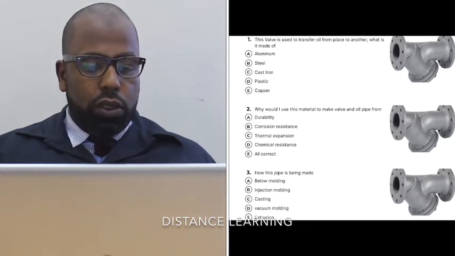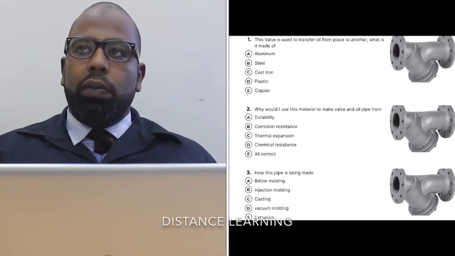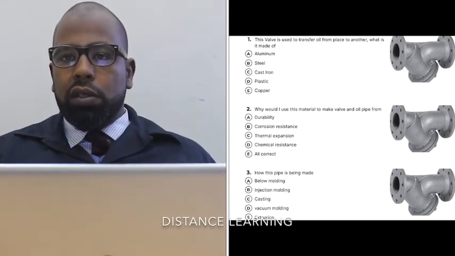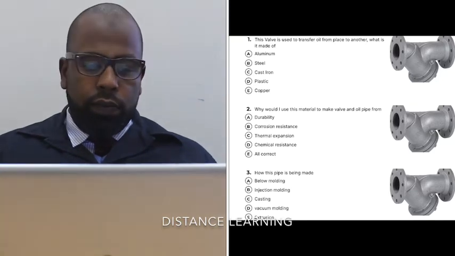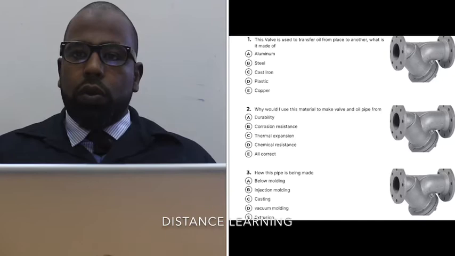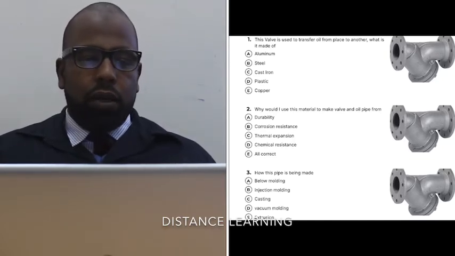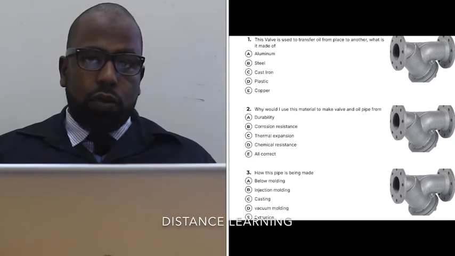The first question stated: what is a material that's used in pipelines to transfer oil from one place to another? You've got a multiple choice question, and the answer for this question would be cast iron. Cast iron is one of the most durable materials.